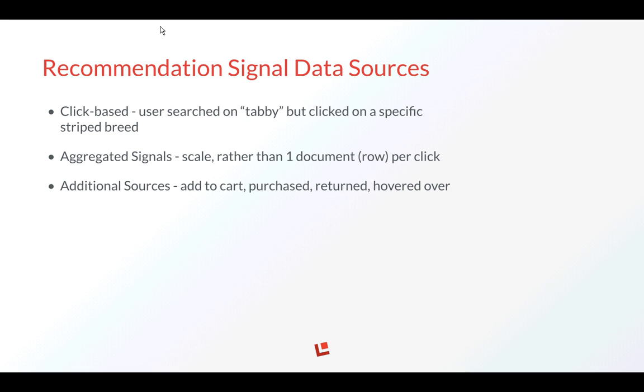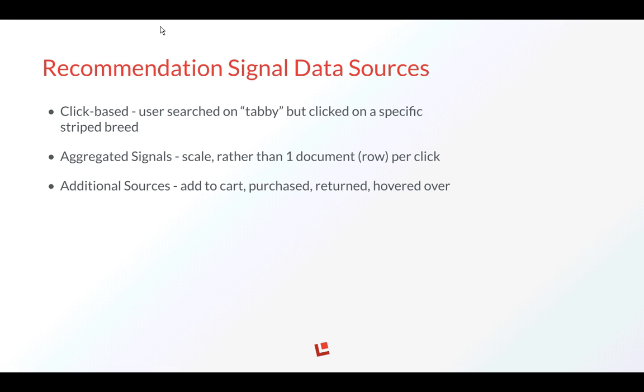In some cases, you may want to only boost things that are similar to things the user actually put in their shopping cart. So you could say, okay, the user added the tabby to his shopping cart. I'm going to boost things like the tabby. It doesn't matter which things they clicked on. We're only interested in what things they stuck in their shopping cart, or only things they actually purchased.